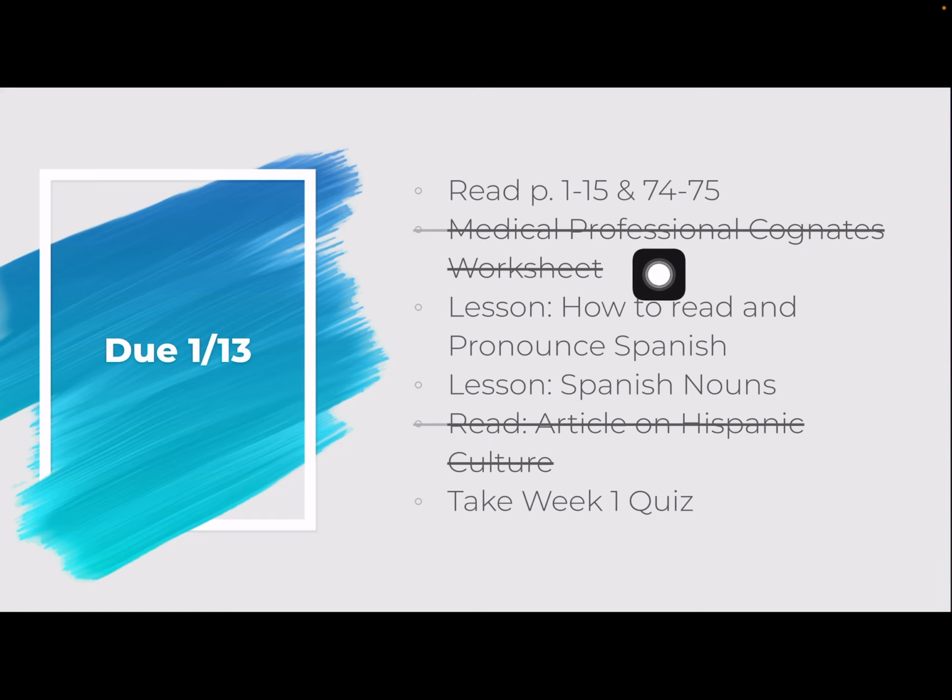And so those words look the same. If you'd like it, you can. I'm not going to grade it, so I didn't want to give you guys any busy work. So if you're curious about looking those up, otherwise I just really encourage you to look up what is your profession, or your future profession, and how do you say it in Spanish. Again, if you have questions, let me know.